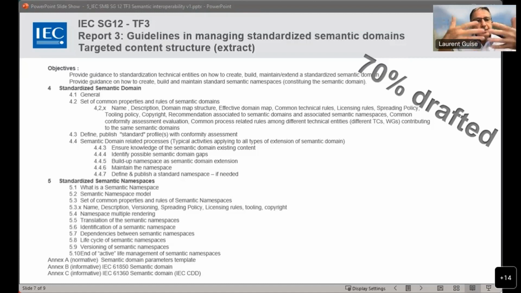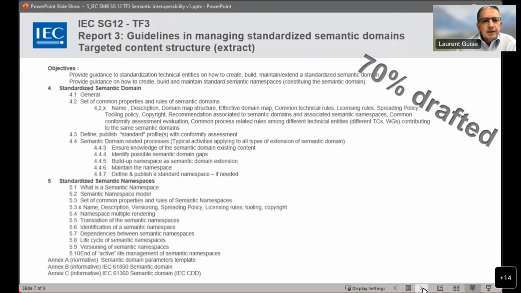So you guess that having this type of organization doesn't favor the building up of consistent semantic approaches between both. So this is the purpose of Task Force 3: to provide guidelines on the way a standardized semantic domain should be managed.